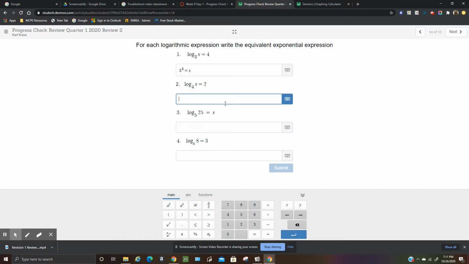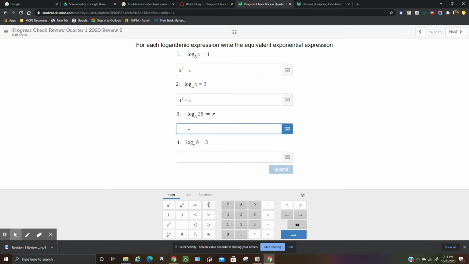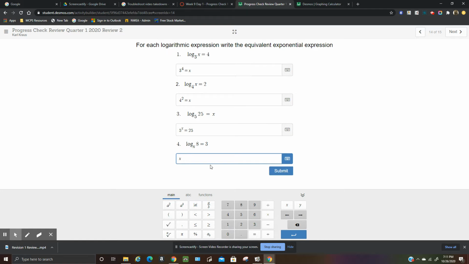This one, 4 is the base, the exponent is 2. 4 squared equals x. This one is 5 to the x equals 25. And here x to the exponent 3 equals 8.